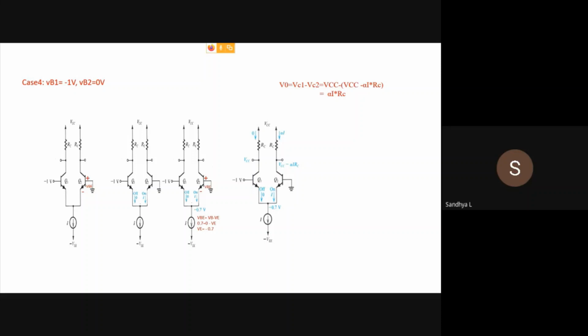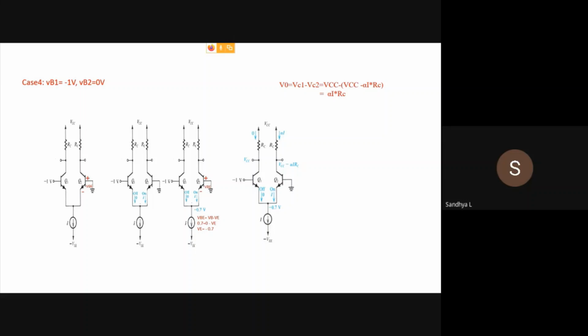Maybe I plus delta I will flow through one transistor, and I minus delta I will flow through the other transistor. Delta I is the difference between the currents of both the transistors.